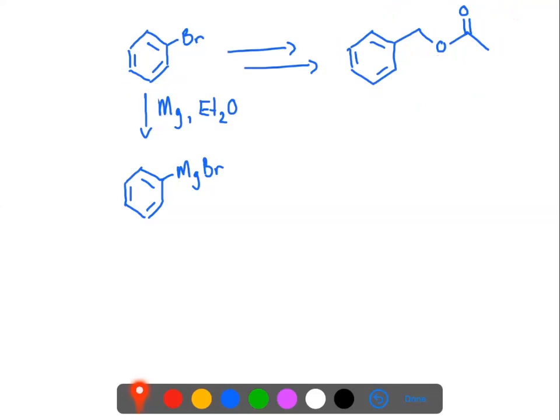So recall that when we talked about acid chlorides reacting with alcohols in the presence of pyridine, the R group of the alcohol, the ROH, ended up being what was attached to the ester oxygen. And so, in a sense, if we make an alcohol that has this structure, then we can react that alcohol with an acid chloride in the presence of pyridine to give us our final ester.